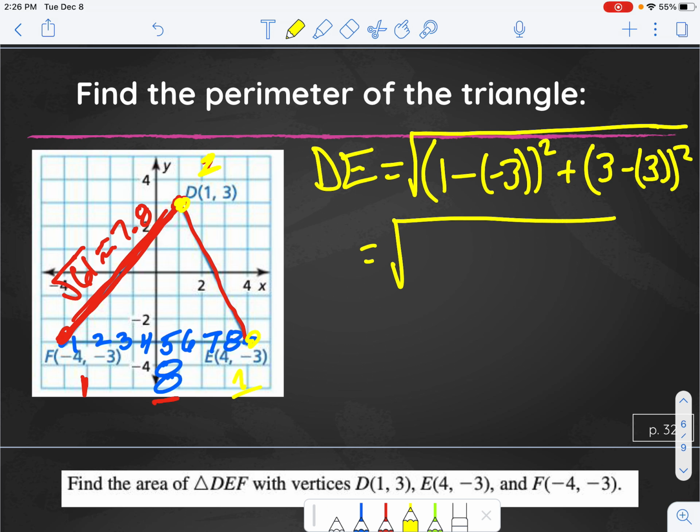1 minus a negative 3, which is really 1 plus 3, gives me 4 squared. 3 minus negative 3 is the one I keep losing the negative sign on.